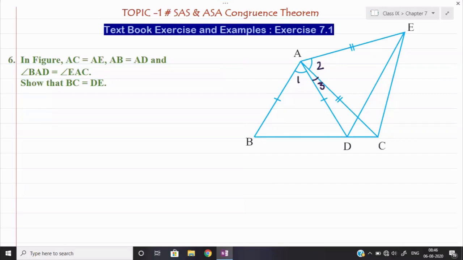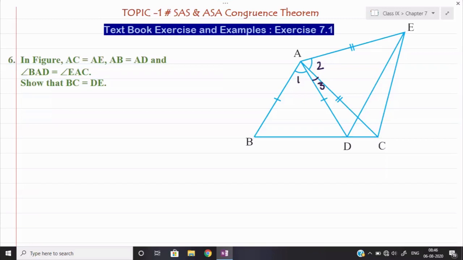We can say that the two triangles are congruent, therefore the remaining corresponding parts will also be equal. So we will get BC and DE are equal. So the problem here is we need to identify the names of the two triangles with one-to-one correspondence properly. This vertex is corresponding to this vertex. With that sequence, the name of the triangle also we need to match properly, and then we need to prove that they are congruent. So that is our job.